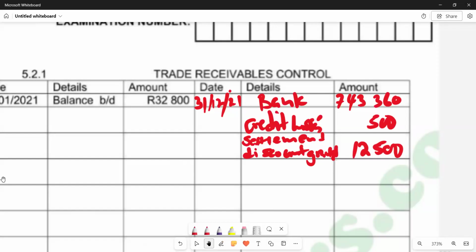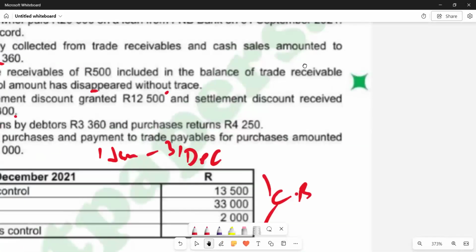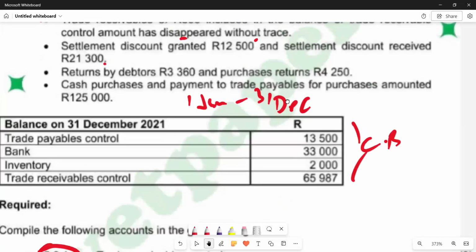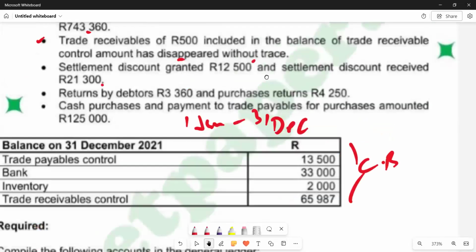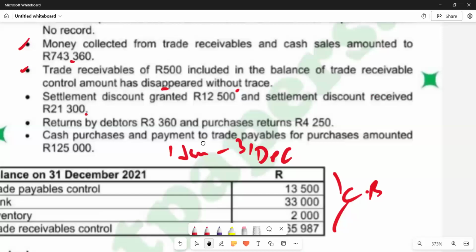So this is what we have, and then we try to see again if we have any adjustments that we need to make. After settlement discount granted, the next item is returns by debtors 3,360, and we explained that returns should go on the credit side again of the trade receivables control, and purchases returns will go to the trade payables control.